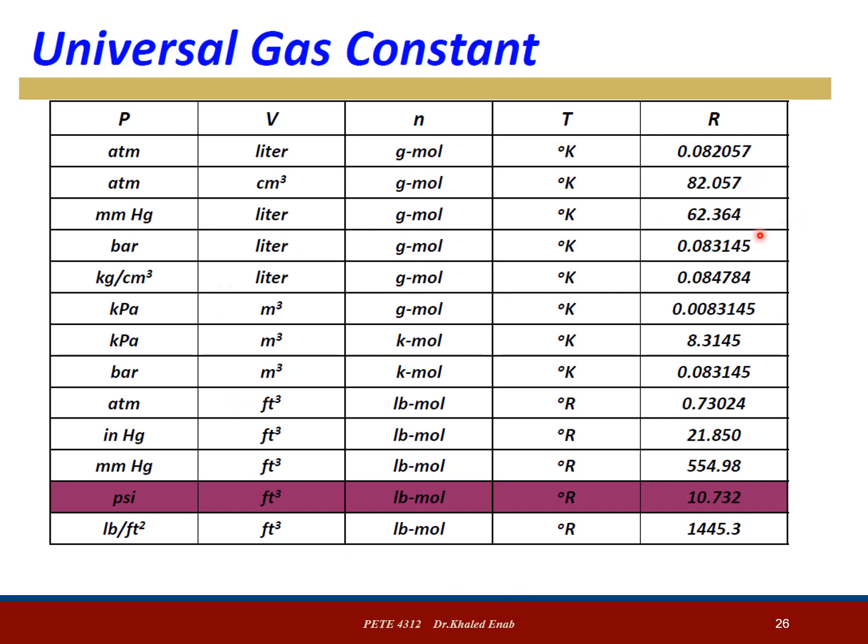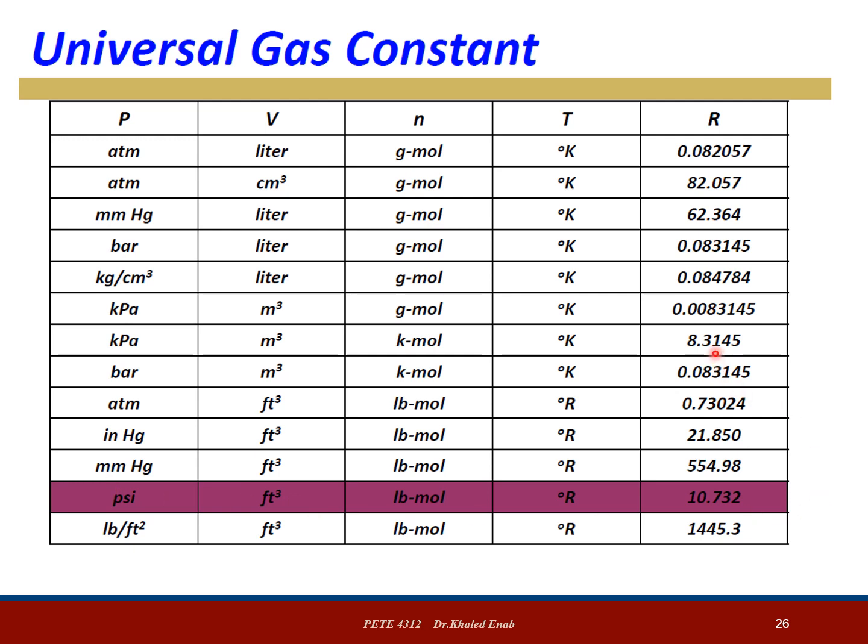Here are different gas constant values, and here are their corresponding units for pressure, volume, number of moles, and temperature. So 10.732 is what we're using: Rankine, pound mole, cubic feet, psi.